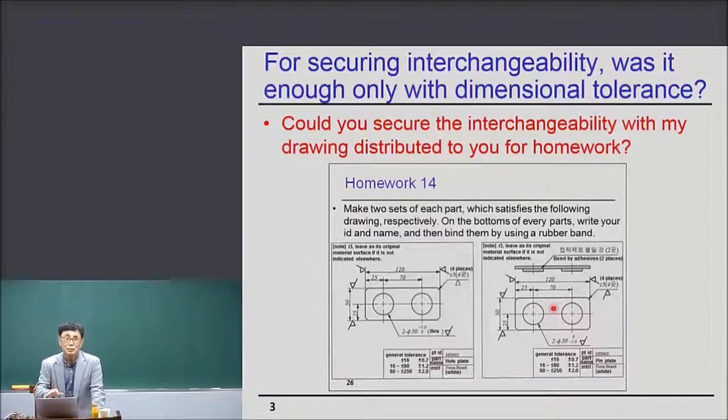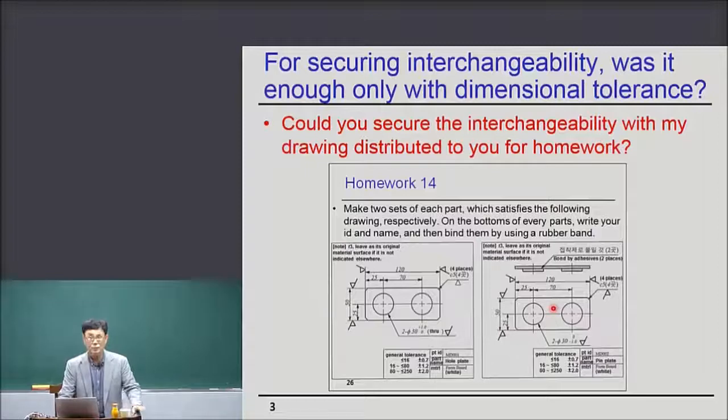So my drawing is not proper for the interchangeability. At the final slide of this lecture, you can see the solution. Okay, and that solution includes some geometric tolerance. So that is why this lecture is very important.